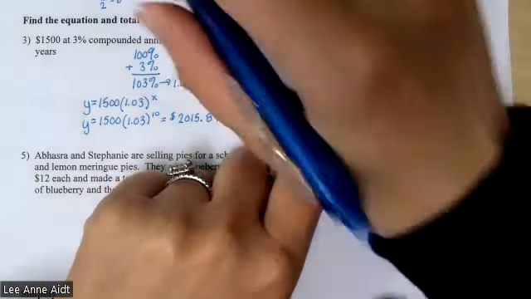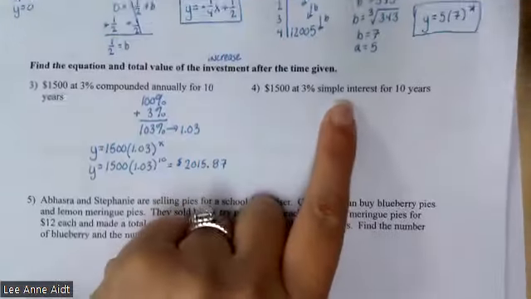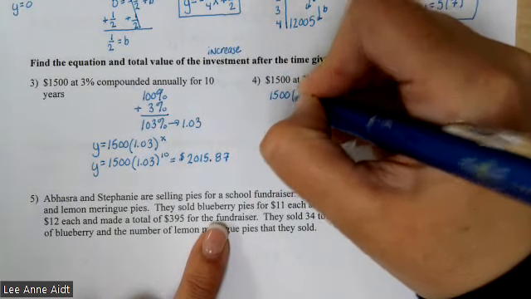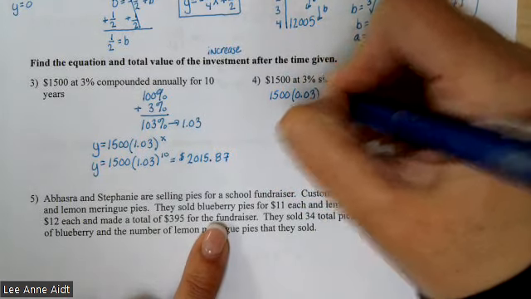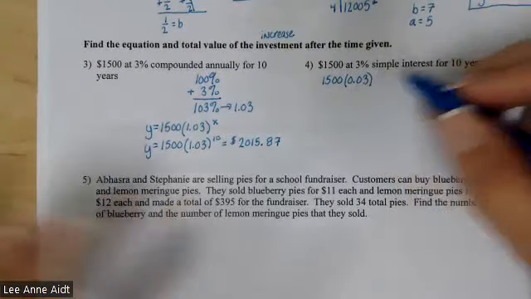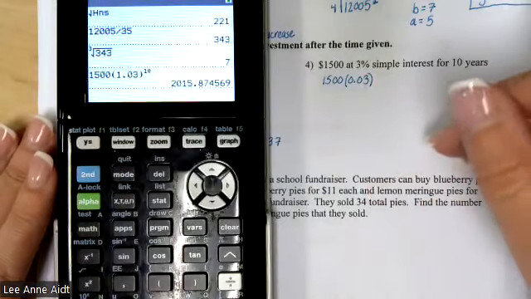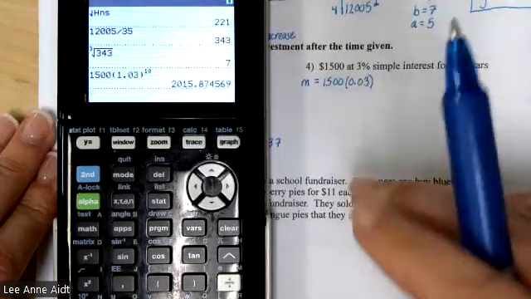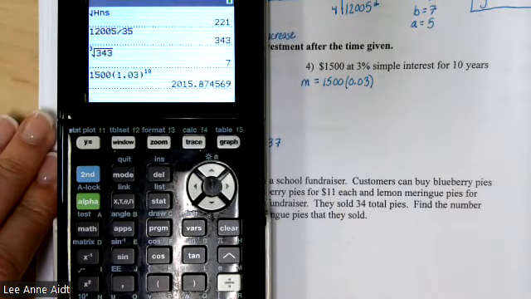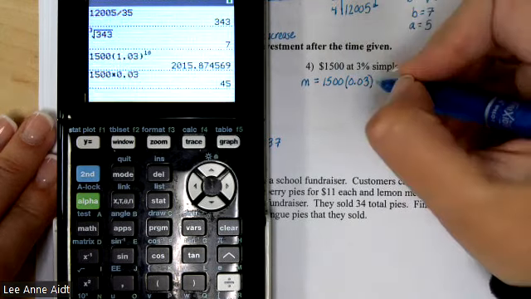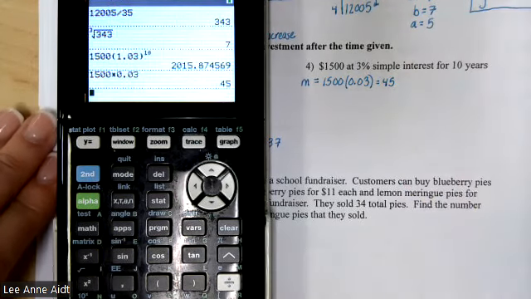Simple interest is linear, like y equals mx plus b. So what we need to do is 1,500 times 3%, and that's going to be our slope because it's saying 3% of 1,500. So 1,500 times 0.03 is 45.